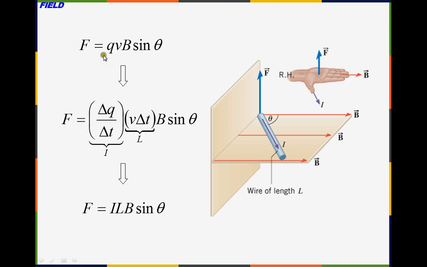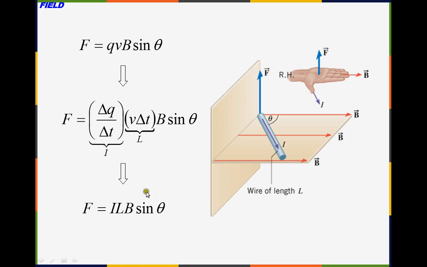Instead of doing force equals qvB sine theta, since q over t is current in amperes and velocity times time is length, we can do force equals ILB sine theta.